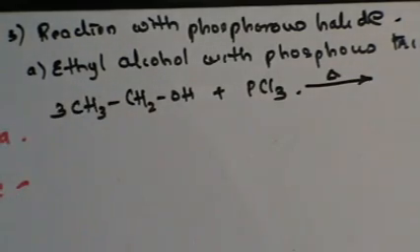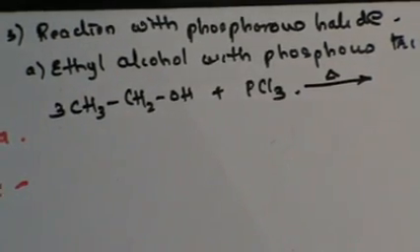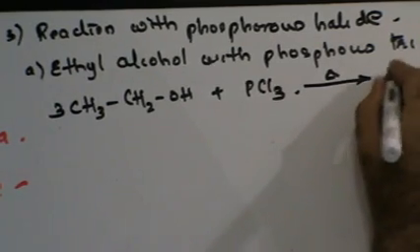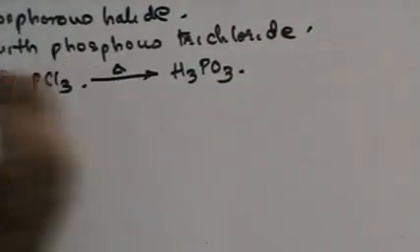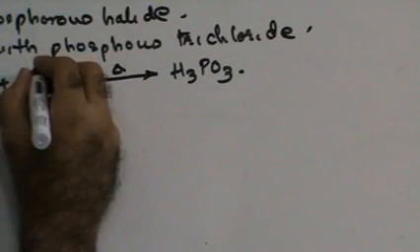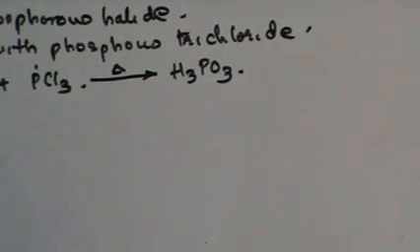You would require 3 molecules of phosphorus trichloride, 3 molecules of ethyl alcohol. Why? Because when you do the substitution, you will get H3PO3, phosphorous acid, H3PO3.